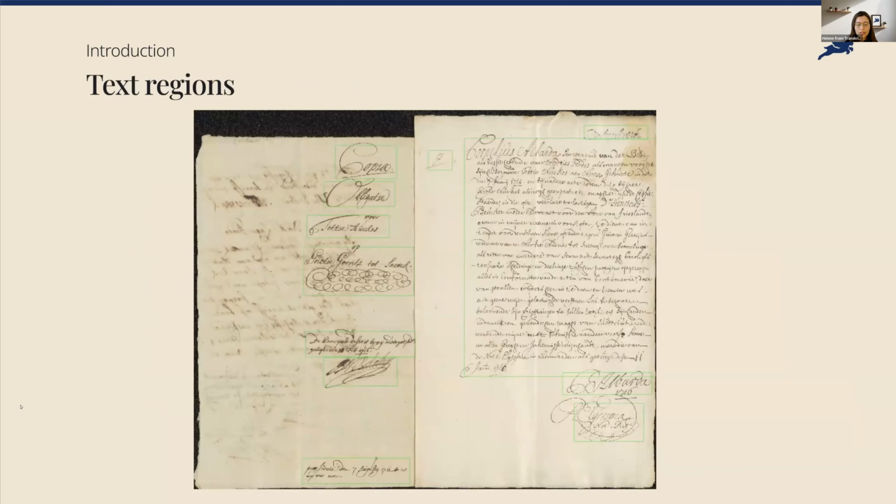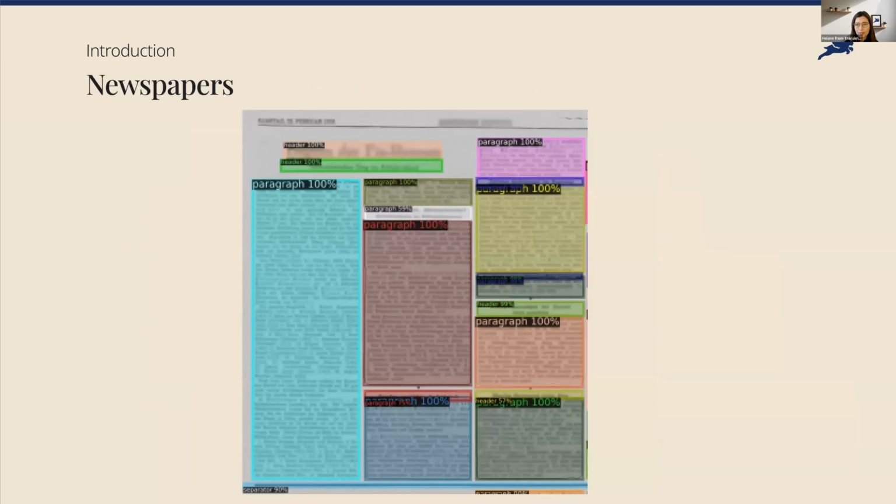So here you see an image where it's really mostly about different text regions, but again, especially useful for newspapers, where you can train to recognize the specific paragraphs. You can see here this percentage that is next to the paragraph tags, and this indicates the confidence level, meaning the confidence with which Transkribus recognizes those paragraphs. But we will talk about the confidence level later in more detail.